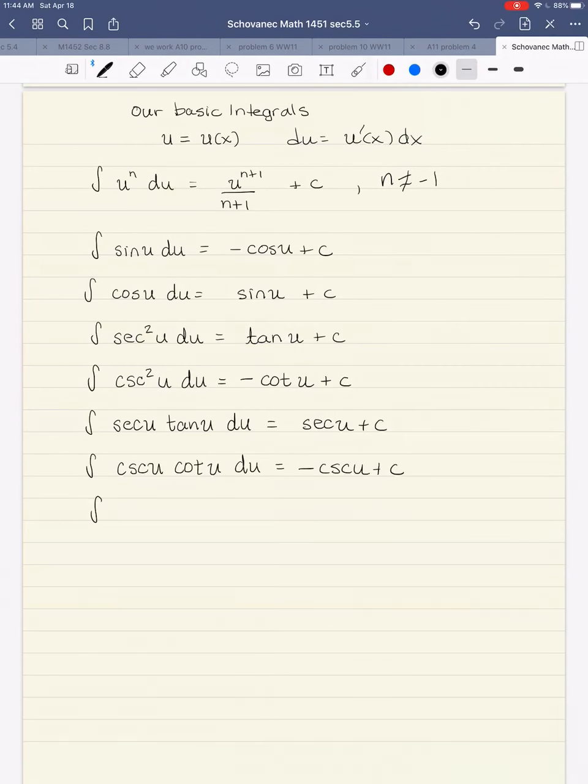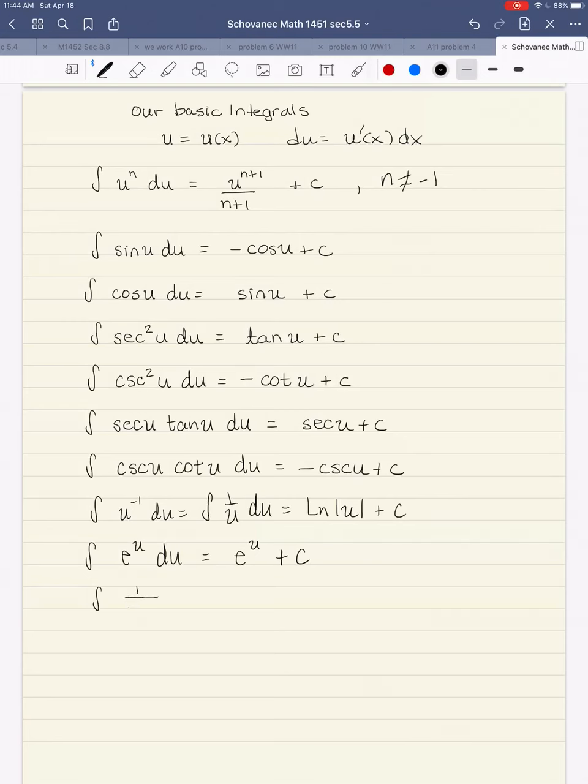The integral of u to the minus 1 du is the natural log of u. And remember, we put the u in absolute value bars so that these are defined in the same places. And then we have the integral of e to the u du is e to the u plus c.